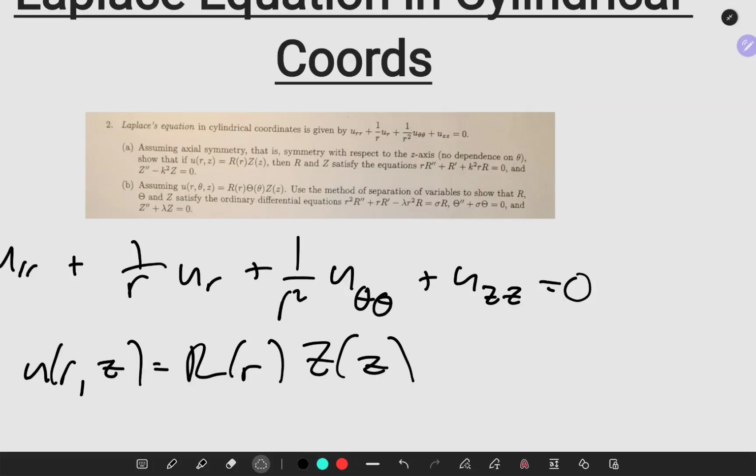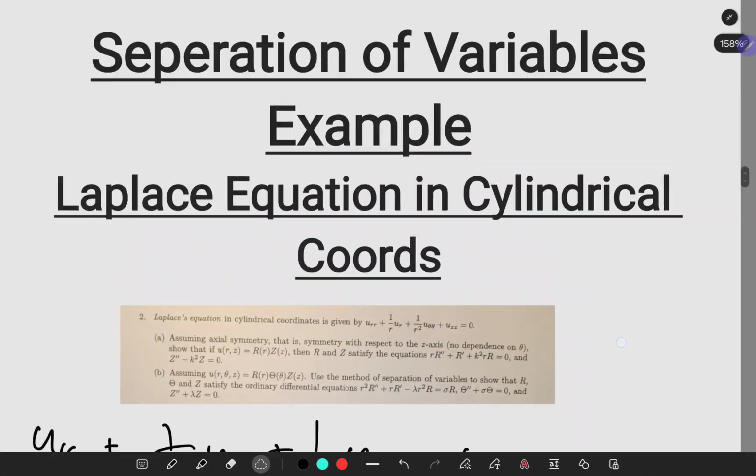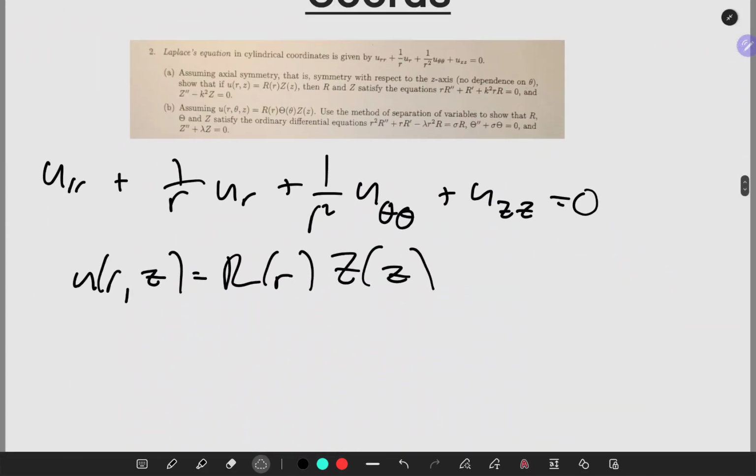Apparently it's influenced by the boundary conditions that are bounded at infinity. So it probably has something to do with the initial problem having no dependence on theta. Obviously, I don't understand that necessarily, but it is what it is.